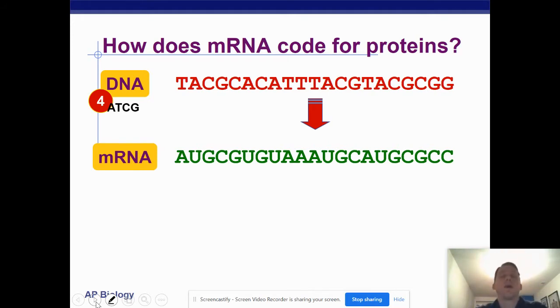RNA polymerase is going to add RNA bases to a single strand of DNA, a strand that's been pulled apart. What's in green here is the complementary RNA bases to the DNA you see above. Notice it starts TAC, so the mRNA begins AUG.